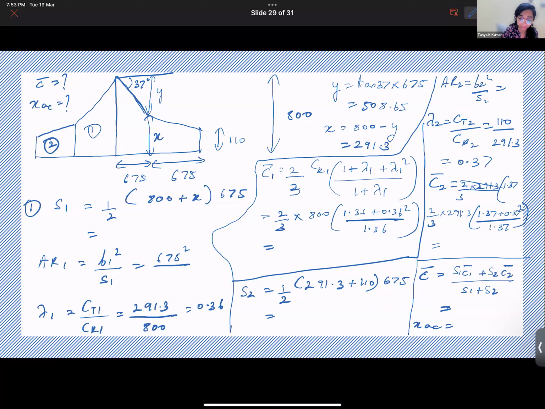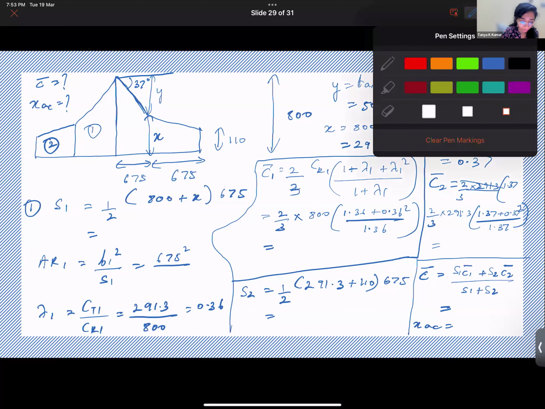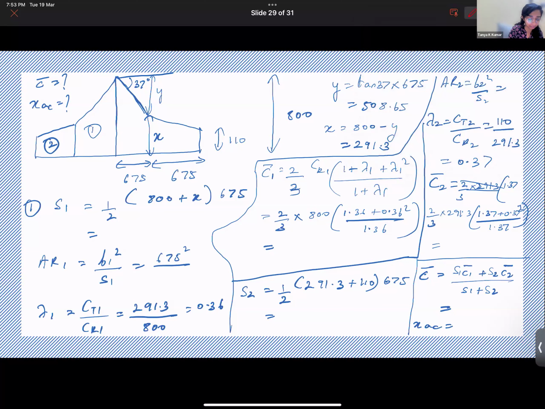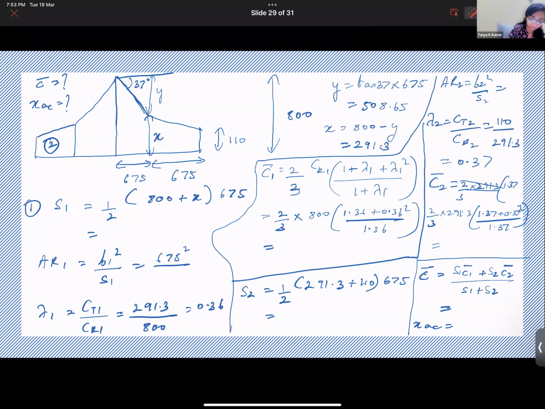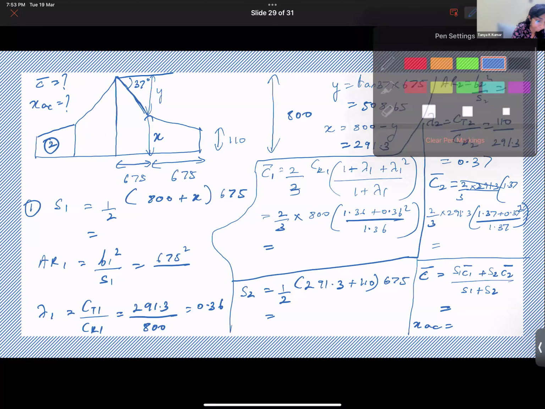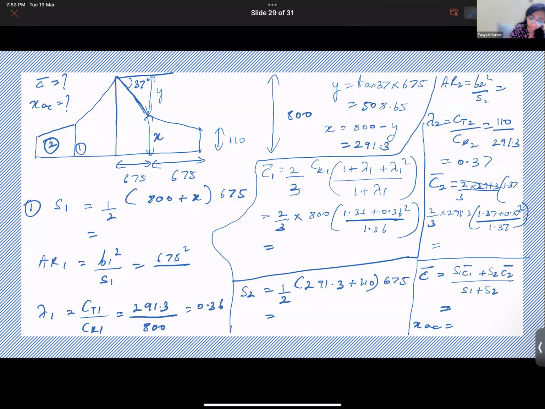So XAC, let me take another color. Let's just say this is section 1. So this is your C bar, okay?